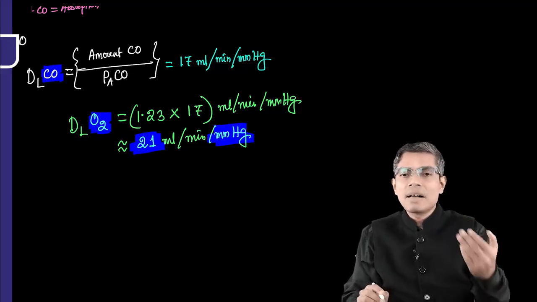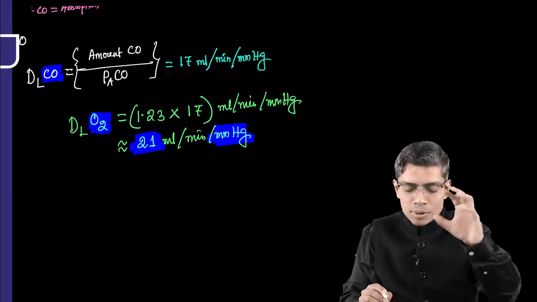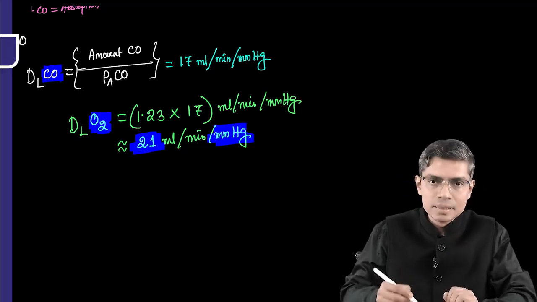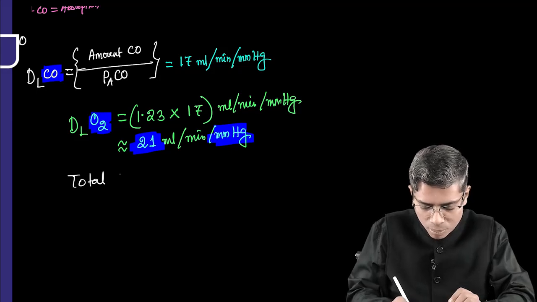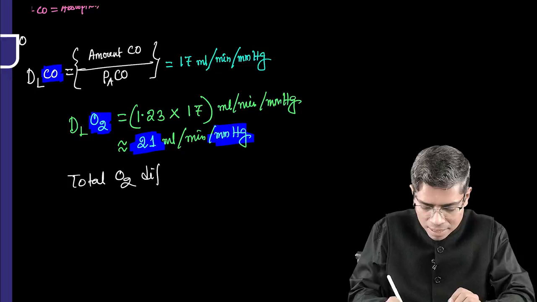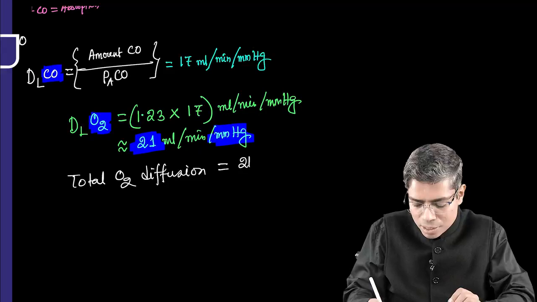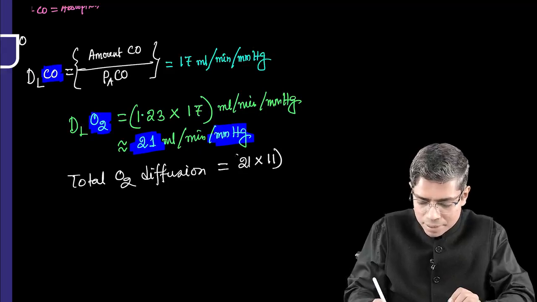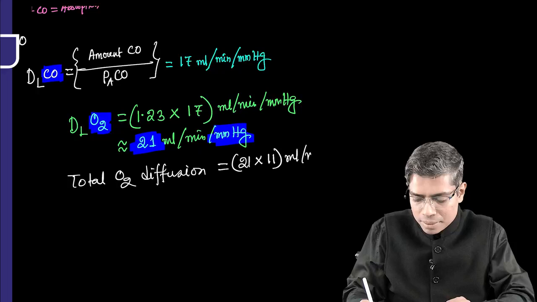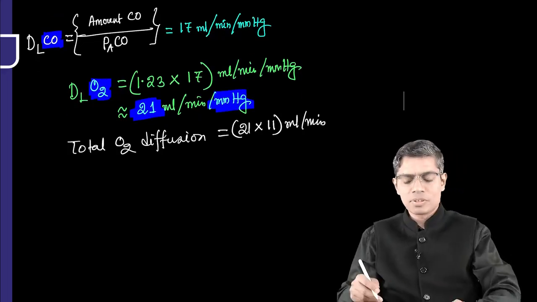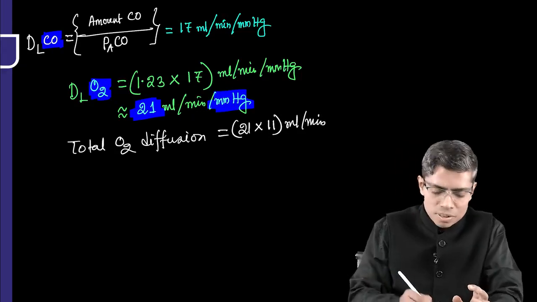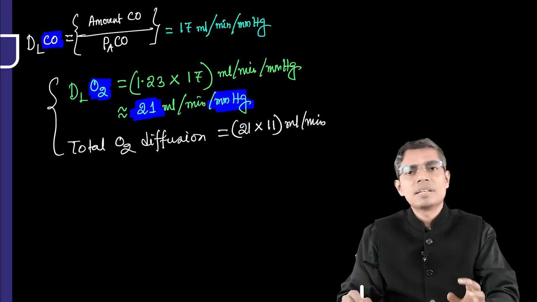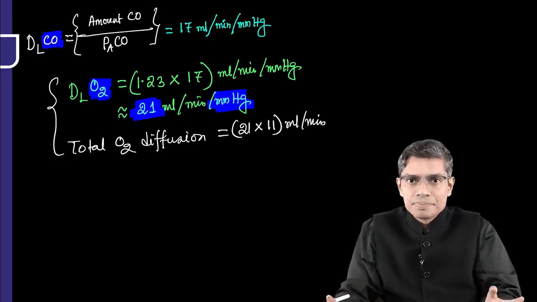What is the average partial pressure difference between alveoli and pulmonary capillary? That is 11. So the total oxygen diffusion at the level of the lung in 1 minute is 21 multiplied by 11 ml per minute, approximately 230 ml. That is the total amount of oxygen diffusion in 1 minute at the level of the lung.